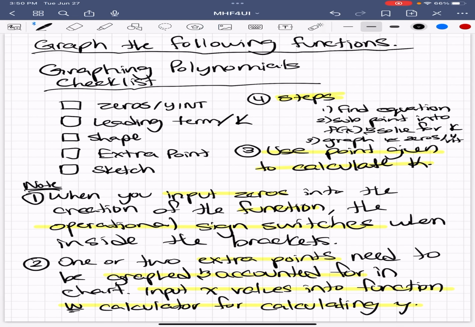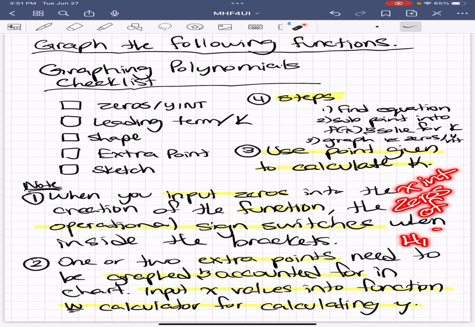Graph the following functions. So I have a few notes here that I need to explain before we move on. When you input zeros into the creation of the function, the operational sign switches when inside the bracket. So if we had zeros or x-intercepts of 4 and 5, it would be x minus 4 and x minus 5.